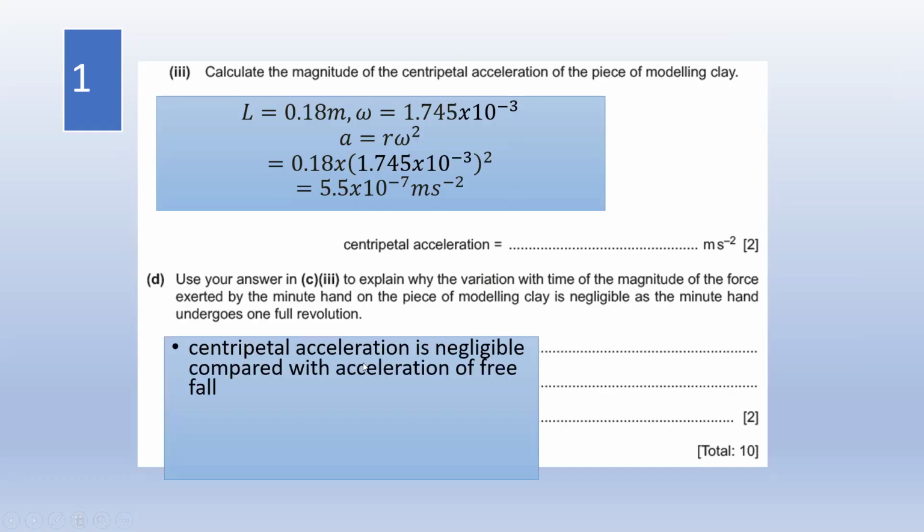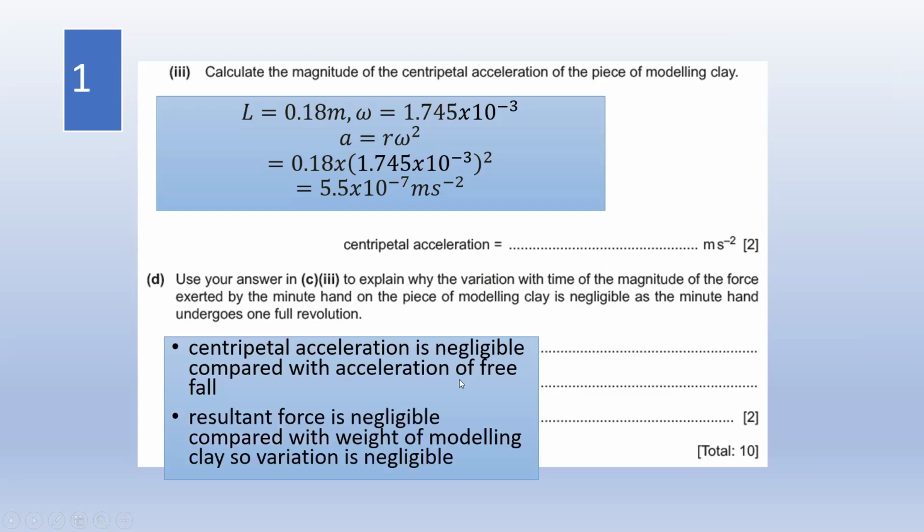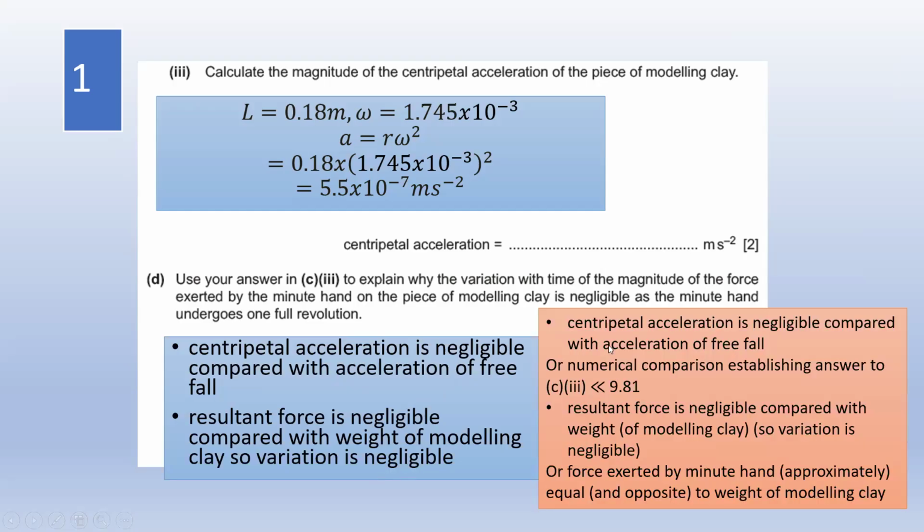Centripetal acceleration is negligible compared with acceleration of free fall. Resultant force is negligible compared with the weight of the modeling clay. So variation is negligible. These are other possible answers that the examiner will accept from the marking scheme.